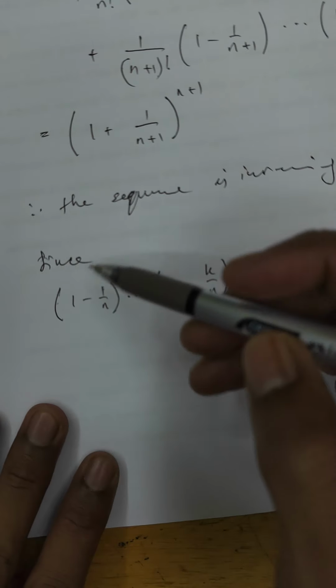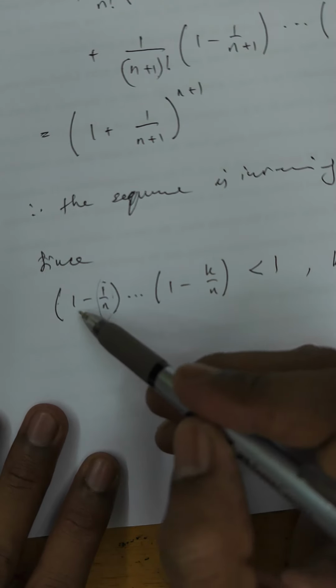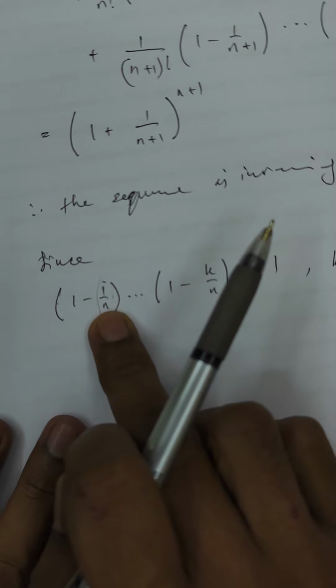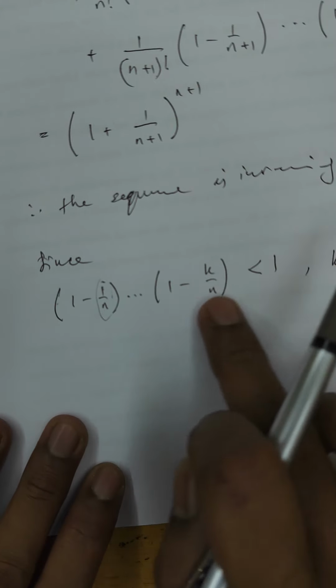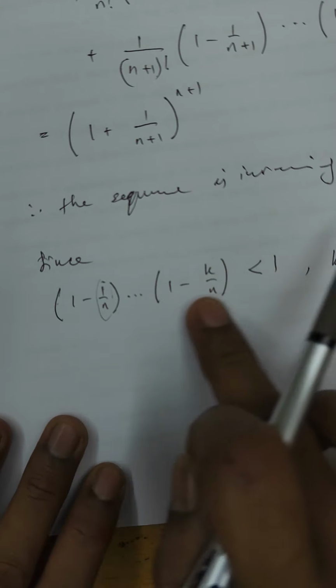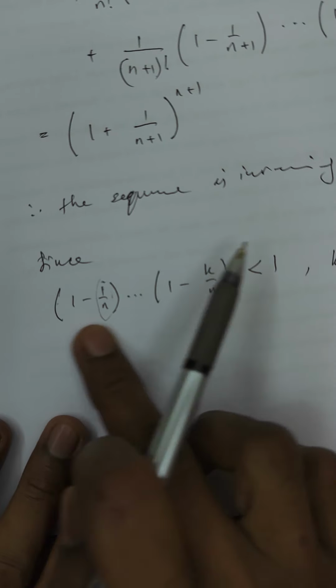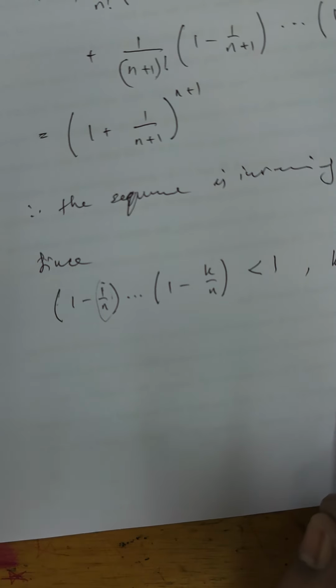You look at each of these terms: this term here is less than 1, because 1 minus something is less than 1, as well as that one. So we multiply all those things, and we still get less than 1.